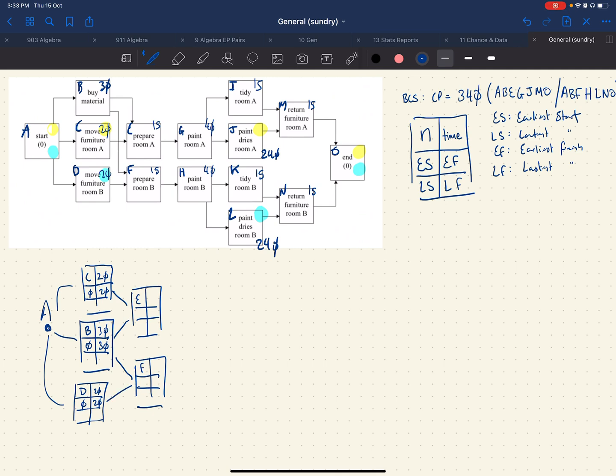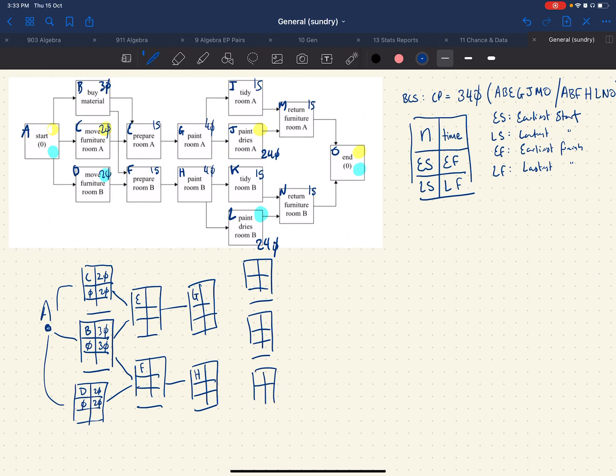Okay, so E goes to G, F goes to H, G goes to I and J, and I haven't actually written these down. H goes to K and L. I wonder if these are going to be big enough for me to write in.